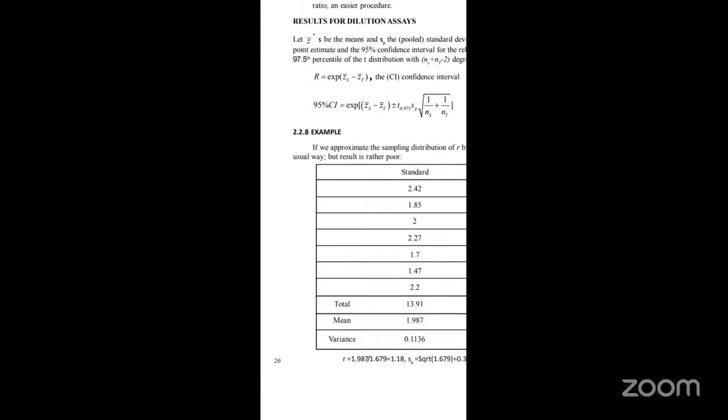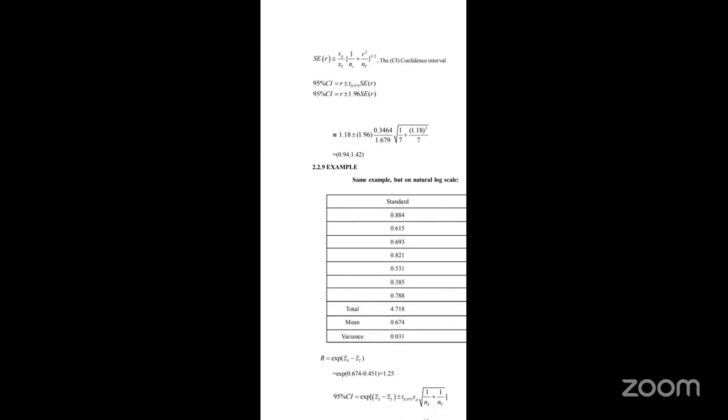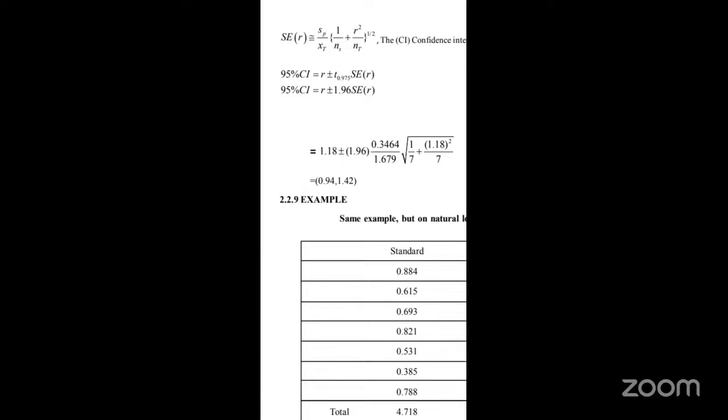We can apply the test where mean is this, variance is this. Then you will get the standard error, and we will get the value under the 95% confidence interval. The value is r plus or minus t sigma standard error r, where r plus or minus 1.96 is a tabular value times the standard error r.